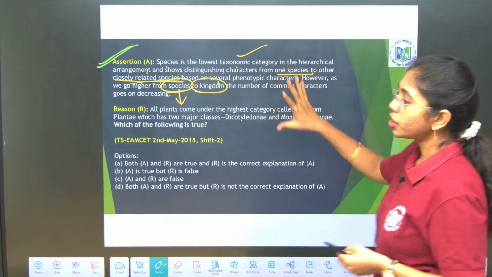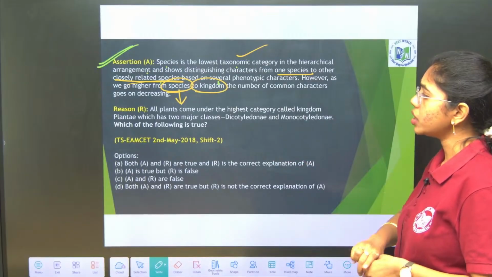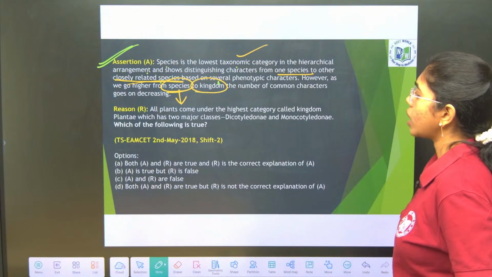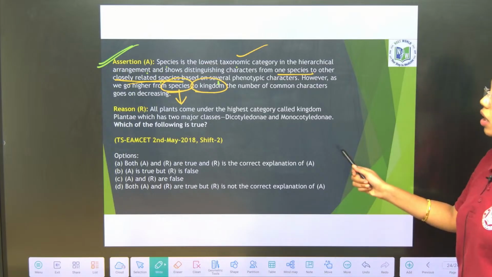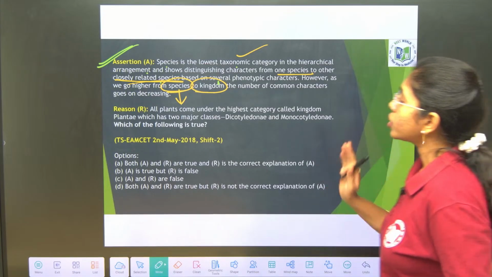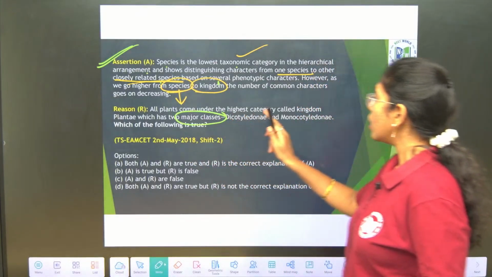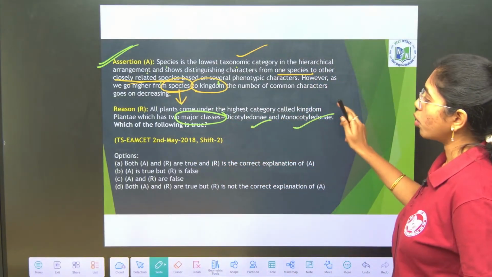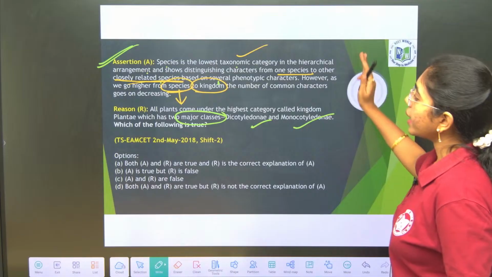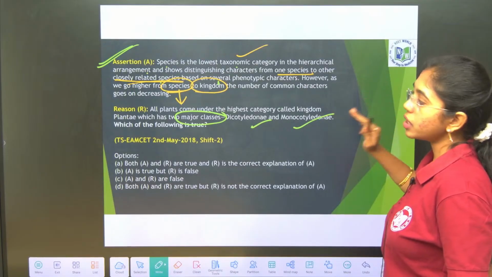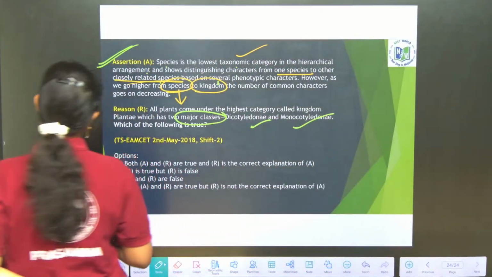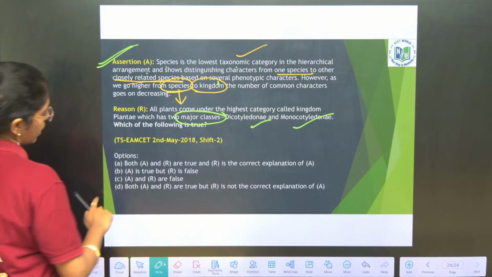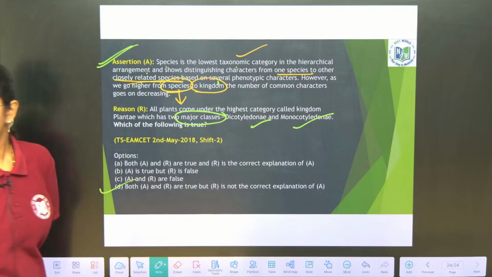So, your assertion is true, and then in reason, all plants come under the highest category called as what? Highest category called kingdom Plantae, which has two major classes, that is dicotyledonae and monocotyledonae. Both A and R are true, but nowhere reason is related to assertion. In this case, what will we opt? Both A and R are true and R is not the correct explanation of A, which is option D.